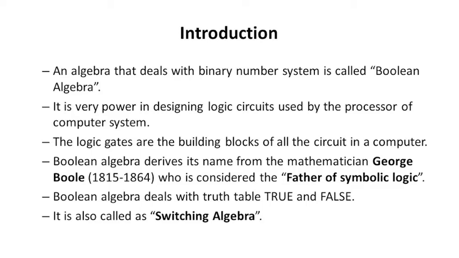Boolean algebra derives its name from the mathematician George Boole, 1815 to 1864, who is considered the father of symbolic logic. Boolean algebra deals with truth tables, true and false. It is also called switching algebra.